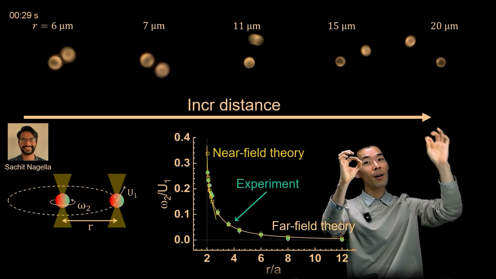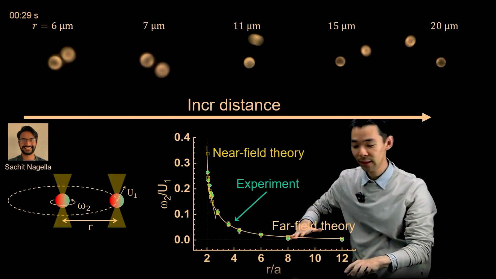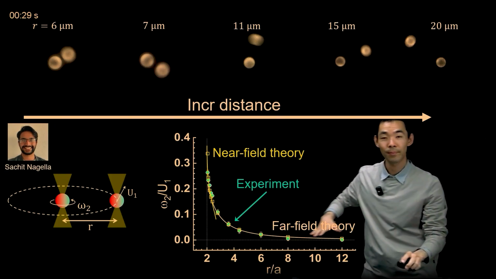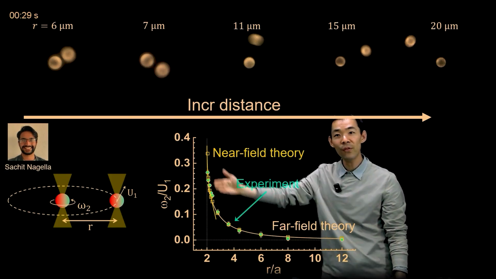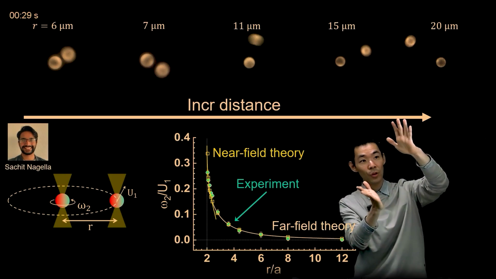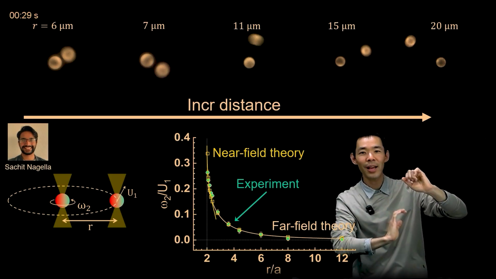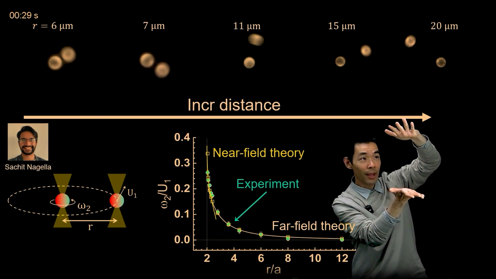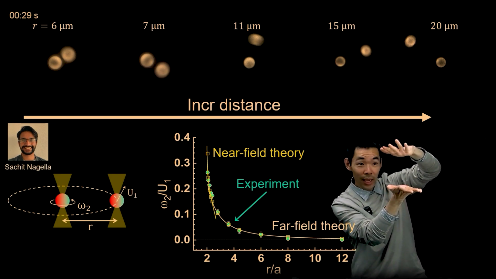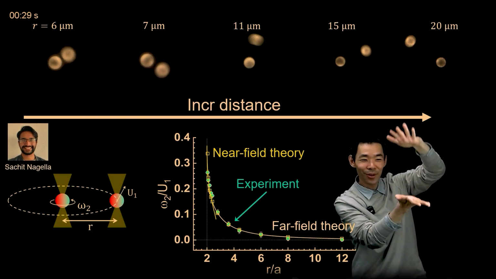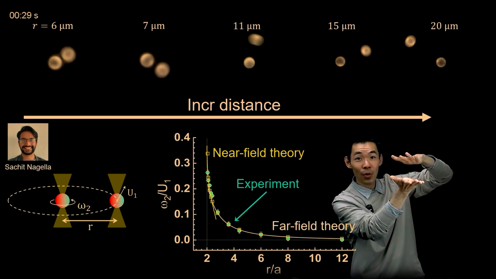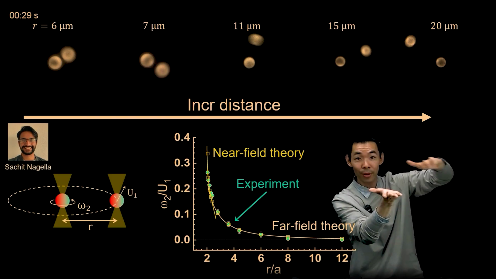And for the long-range far-field theory, that's what's shown here in white. Now, the near-field theory is a situation where the two surfaces of the object are close together. And in class, we do this classic problem of a surface approaching another surface, the Reynolds problem. But in this case, we're doing the translational shear problem.